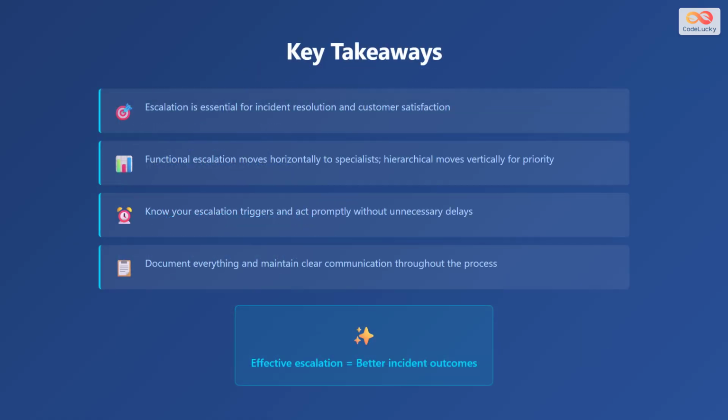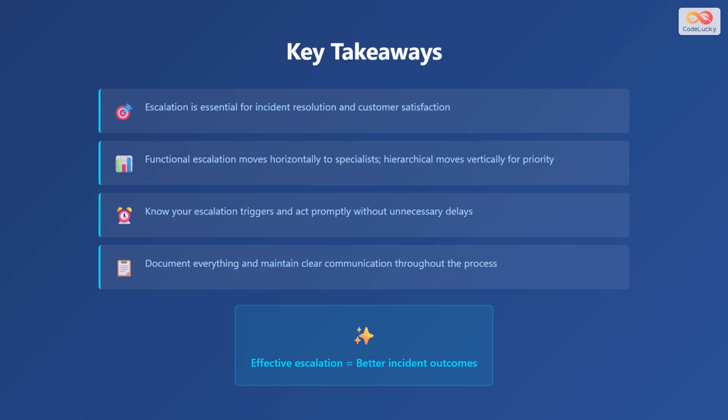Remember these key points. Escalation is essential for effective incident resolution and customer satisfaction. Ignoring the need to escalate leads to prolonged downtime and unhappy customers. Functional escalation moves horizontally to specialists with specific expertise. Hierarchical escalation moves vertically for priority and resource decisions. Know your escalation triggers and act promptly without unnecessary delays.